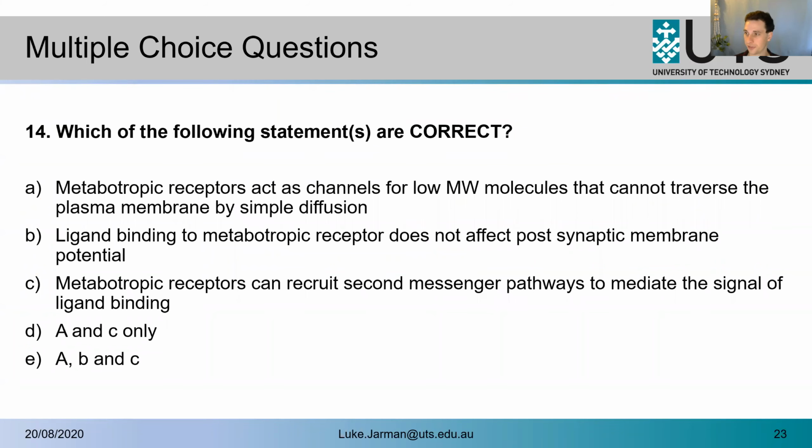Question 14, which of the following statements are correct? Is it that metabotropic receptors act as channels for molecules that cannot traverse the plasma membrane by simple diffusion? Don't think so. Ligand binding to a metabotropic receptor does not affect postsynaptic membrane potential. Also don't think so. Or is it that metabotropic receptors can recruit second messenger pathways to mediate the signal of ligand binding? Sounds great.